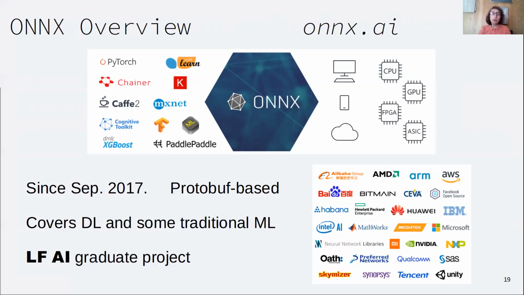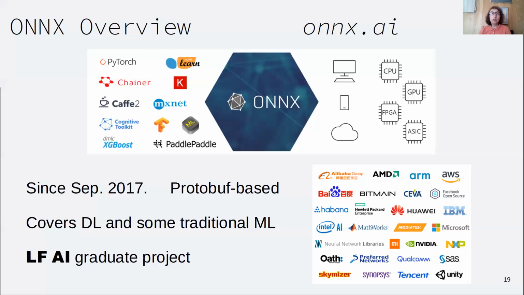And hardware manufacturers are also very interested in this because for them, it's much easier to support and optimize computations for just one intermediate format rather than so many different formats. And now there are so many companies and people working together on this format that it's amazing.